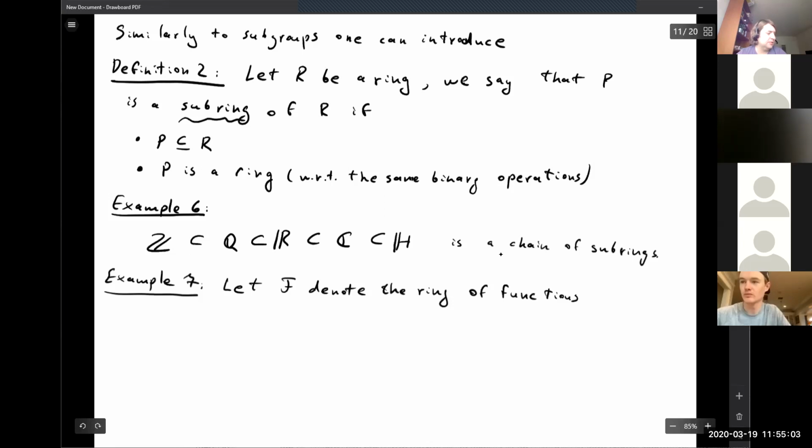And here, for simplicity, we will just look at the functions from reals to reals. So this is a set of functions from real numbers to real numbers.